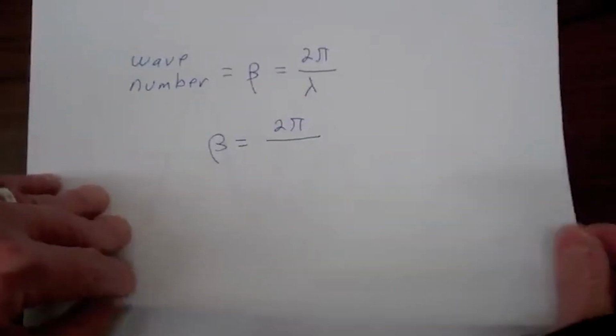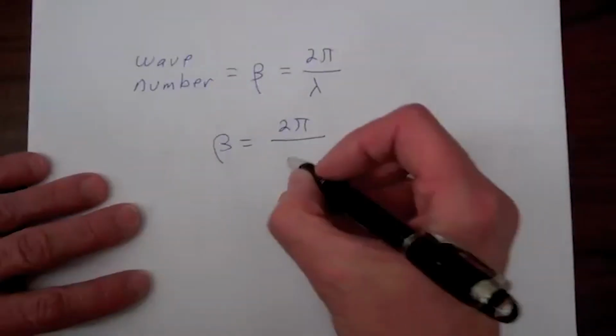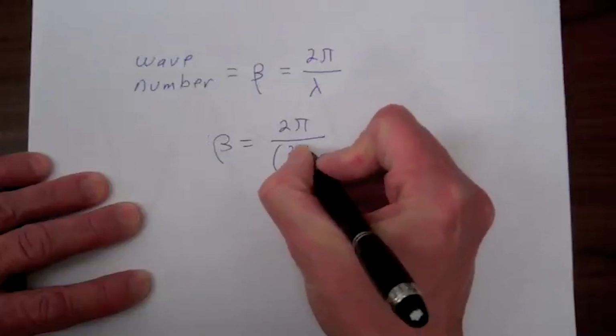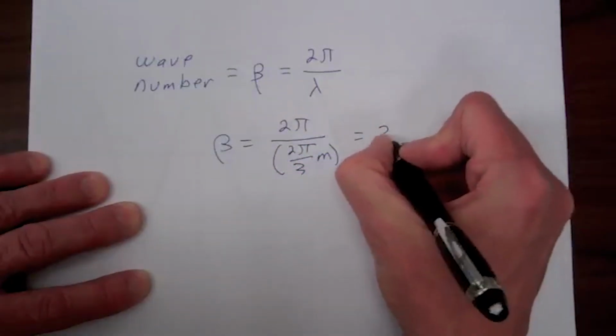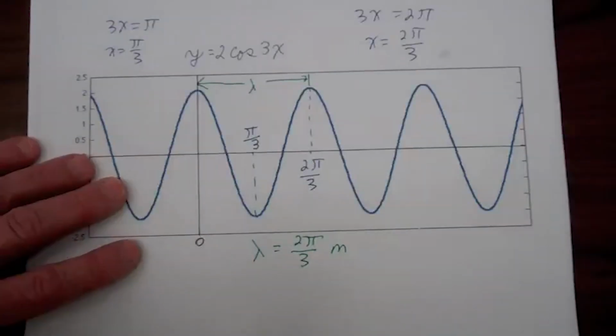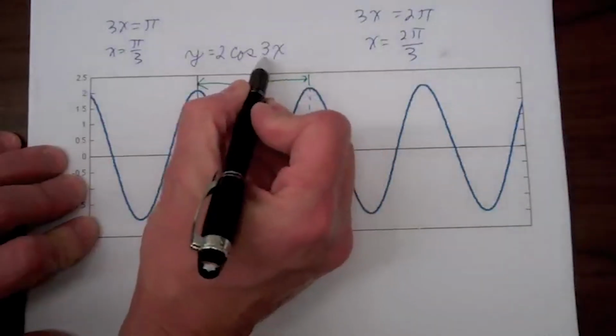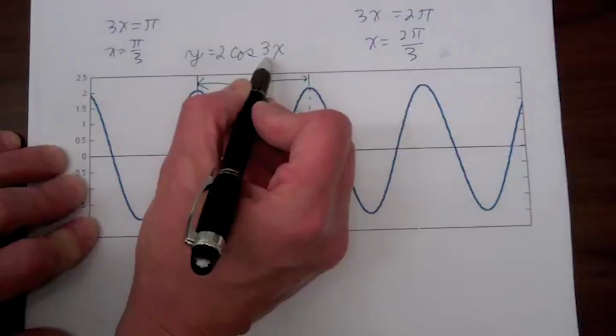We just found that the wavelength for this wave is 2 pi over 3 meters. So the beta for this wave is 3 inverse meters. And in fact, we will see that the number in front of the x here will be the wave number for our wave.